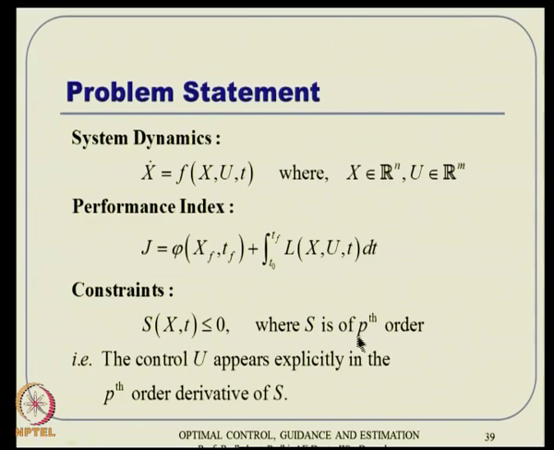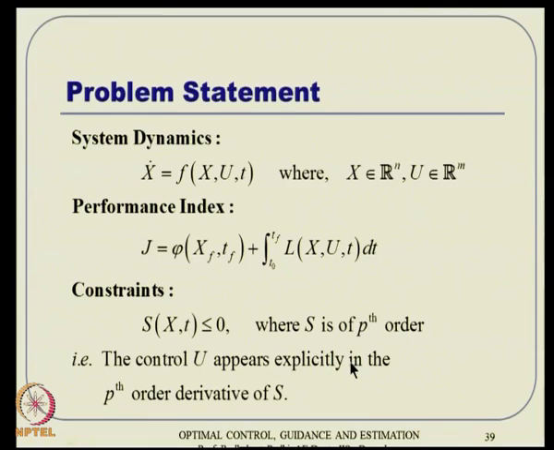But S is actually pth order. What do you mean by a function being pth order? The definition is like this. If you take p times time derivative, then u will appear explicitly, very close to what we know in dynamic inversion, those of you who know that. So if I take the pth time derivative of this function, then the control appears explicitly in the pth order derivative.